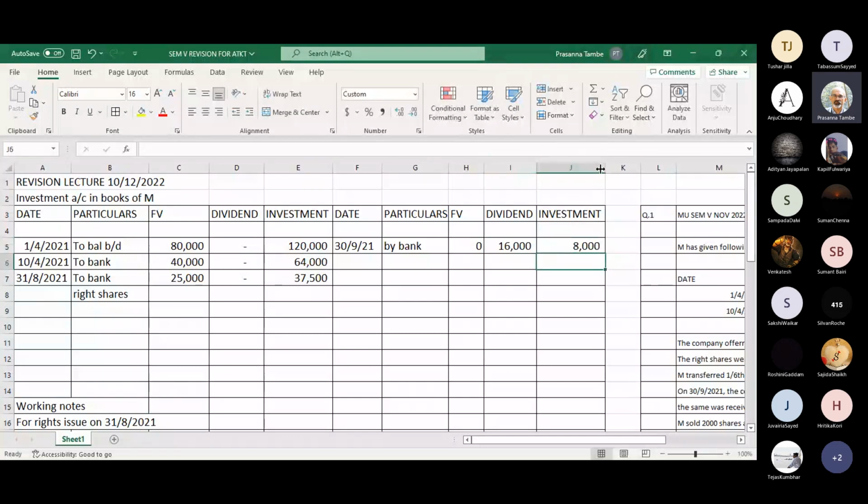So your entry will be bank account debit 24,000 to dividend account 16,000 to investment account 8,000, because this is a pre-acquisition dividend, and pre-acquisition dividend will reduce the cost of these shares. So it will be credited to investment account. 8,000 rupees stands credited to investment account. Have you understood? Yes. So all of you complete this entry, and then we'll take up the next adjustment.